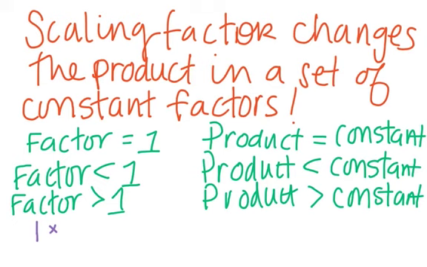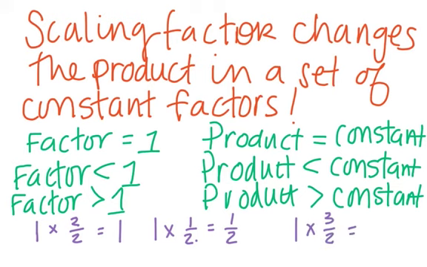1 times 2 over 2 is equal to 1. 1 times 1 over 2 equals 1/2. 1 times 3 over 2 is equal to 3/2.